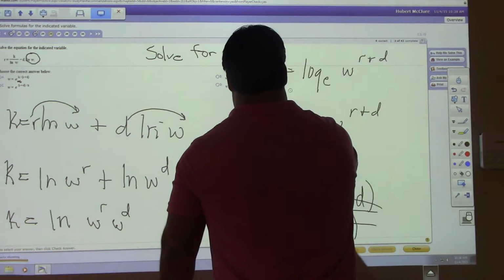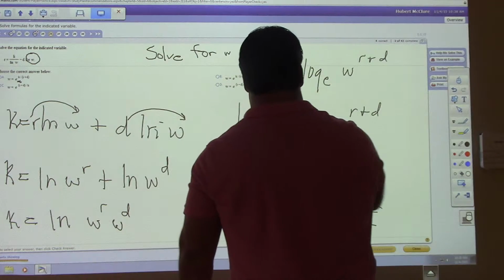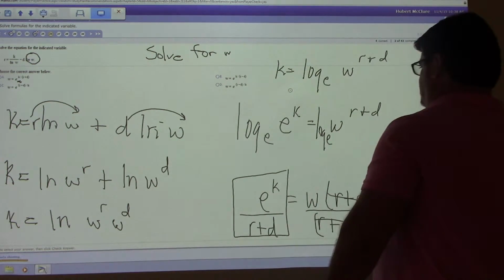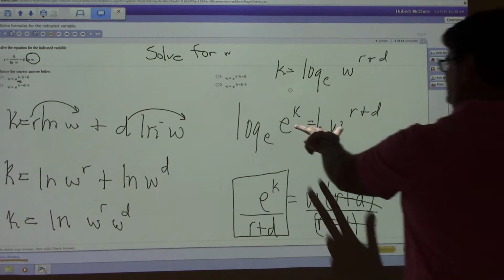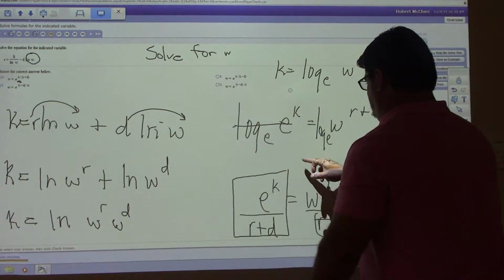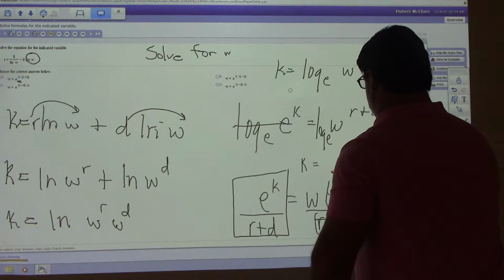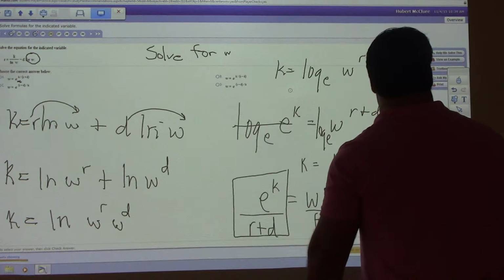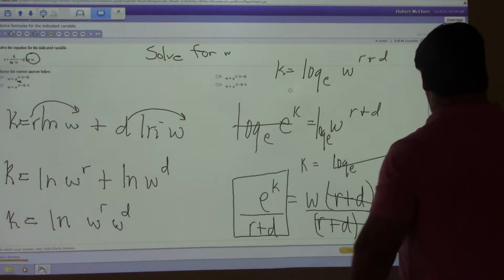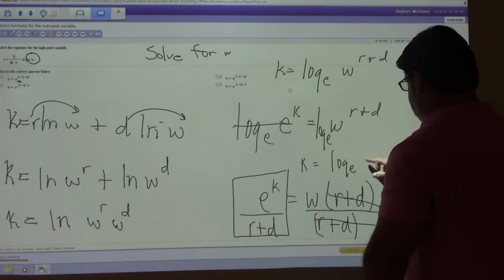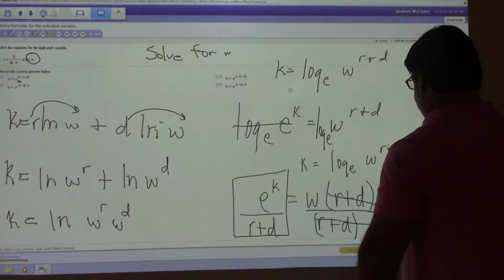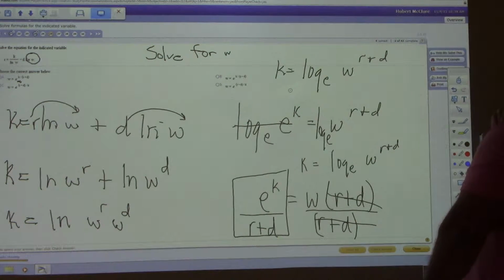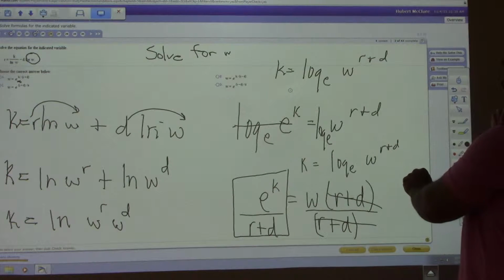I'm not doing this right, but I'm going to get the right answer. Log base E of E, log base E of W, and that goes out to K is equal to log base E of W to the R plus D. That R plus D, and I'm going to leave that alone.